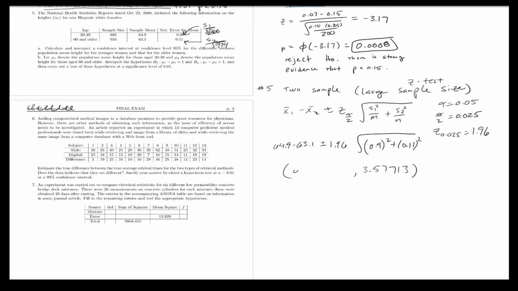The lower bound is 0.02287, and we'll just round it there. So this would be our 95% confidence interval.